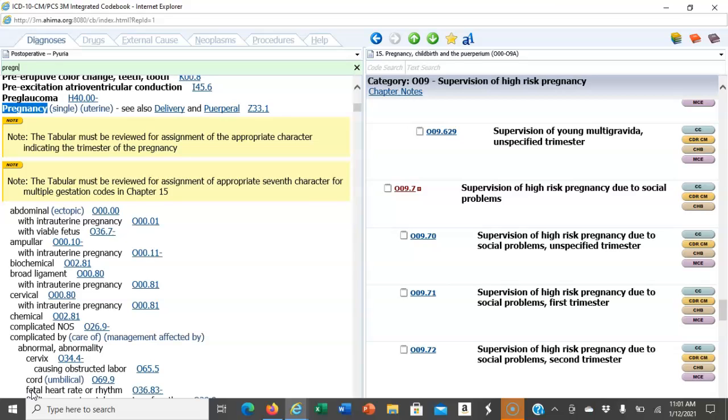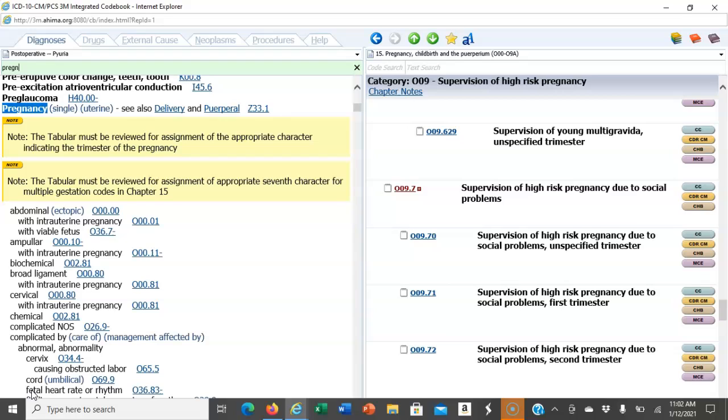Basically, this guideline tells you that when an OB patient is admitted and they deliver during that admission, the condition that prompted the admission should be sequenced as the principal diagnosis. If it's a perfectly normal vaginal delivery, meets the definition of normal vaginal delivery, then we can use code O80.